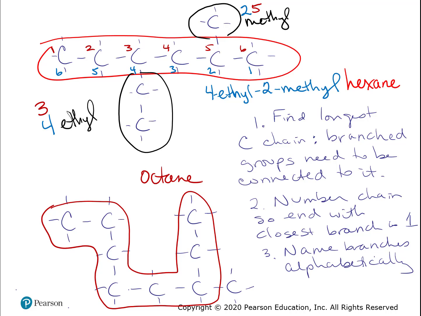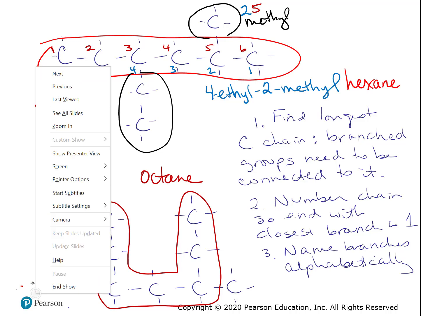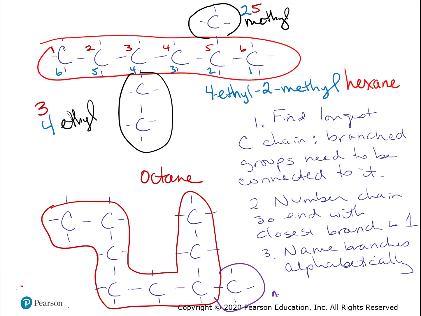Is there anything that's not in the circle? There is just a single carbon. And that single carbon then is a what? Then this is a methyl.